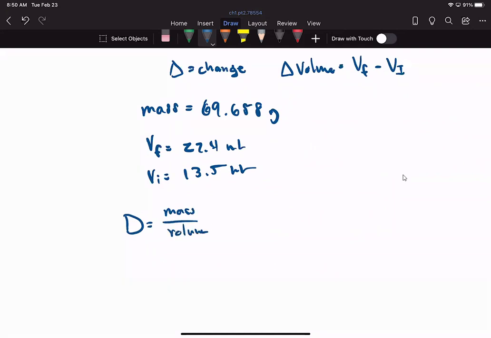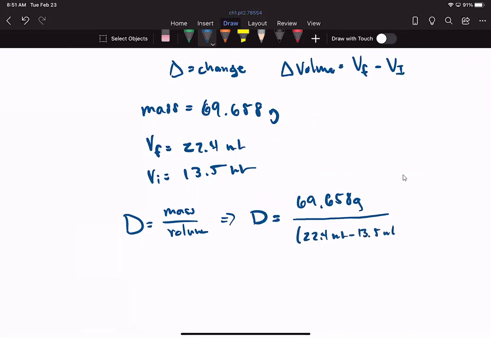So in order to figure out our density, we're going to have 69.658 grams over 22.4 milliliters minus 13.5 milliliters.